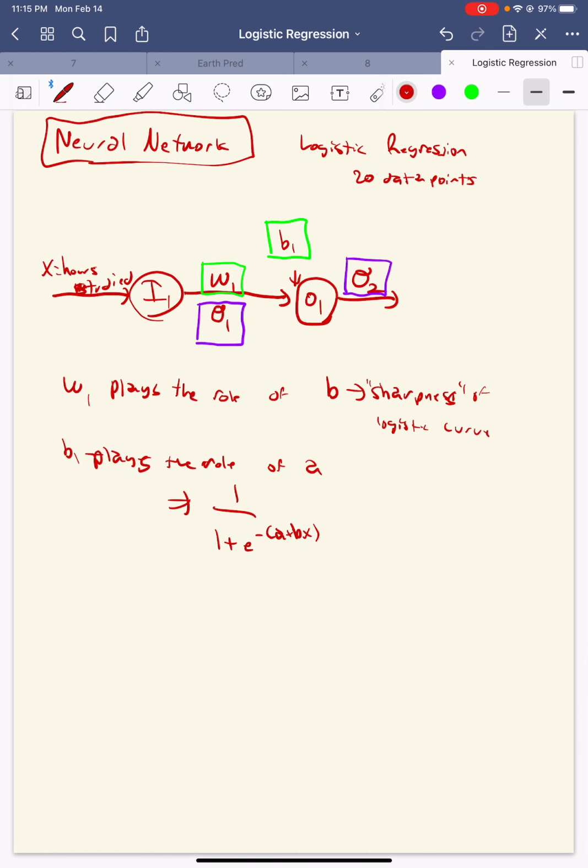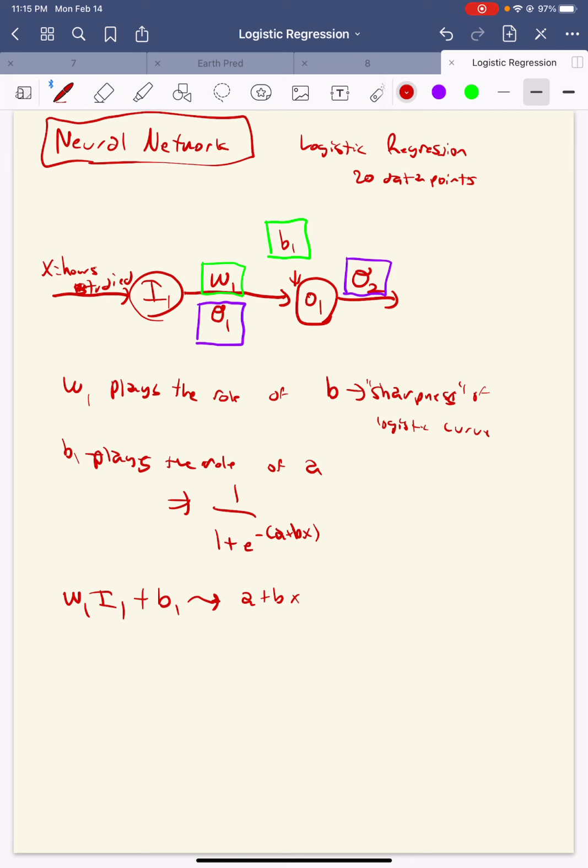So if we look at what the edge from I1 to O1 does, that output will be W1 I1 plus B1, which in this framework, that'll tell you that that'll look like A plus BX.